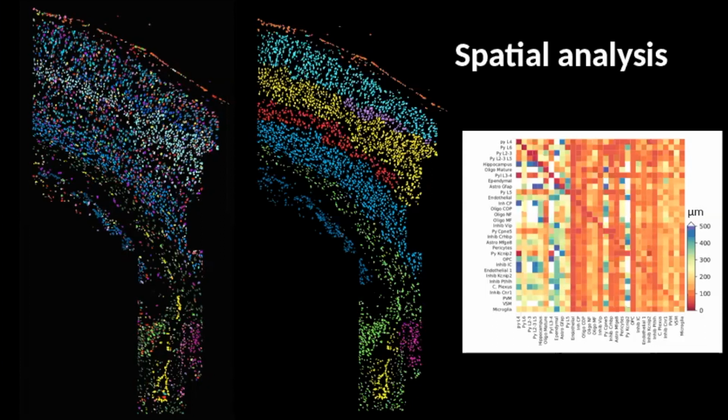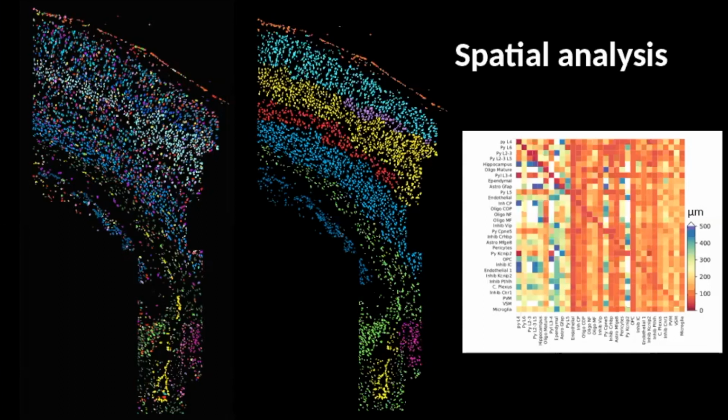They're very good, but we thought it might be nice to do it in an unbiased way, so we made an algorithm that can find the areas, and that's what you see in the middle. So now all cells are colored by the region that they are in, and now you nicely see the layers of the cortex, sort of like a cake structure.